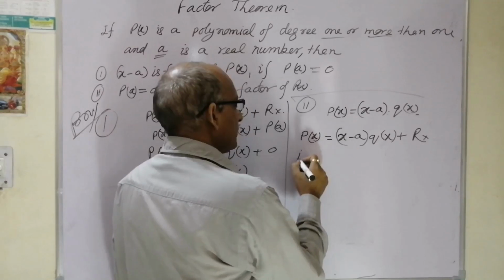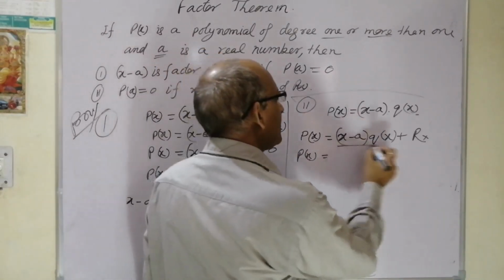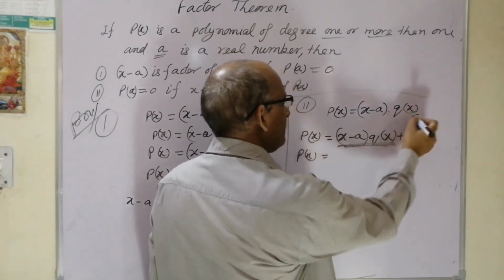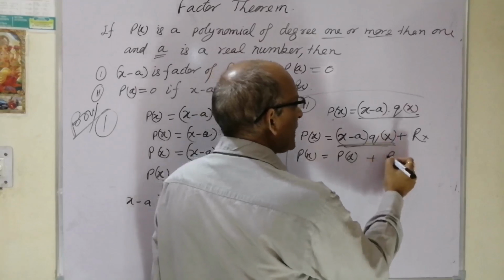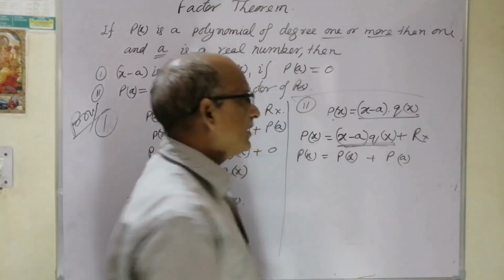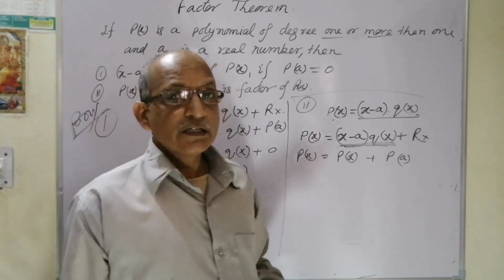p(x) is (x minus a) into q(x), and this can be replaced by its value again, plus r. What is r? That is p(a). The remainder is p(a). When any polynomial is divided by x minus a, the remainder is p(a).